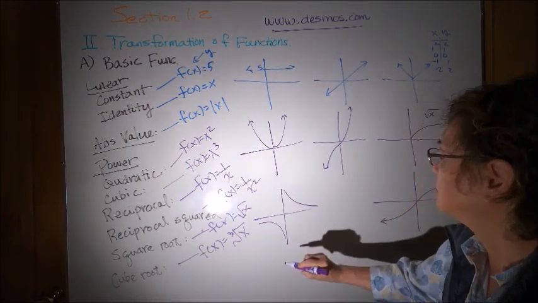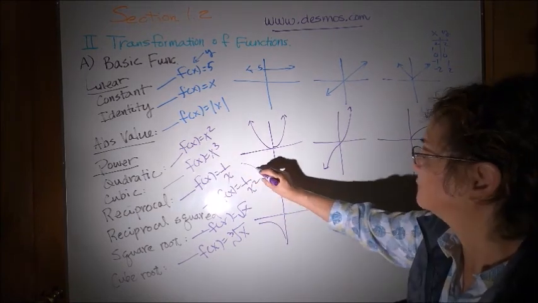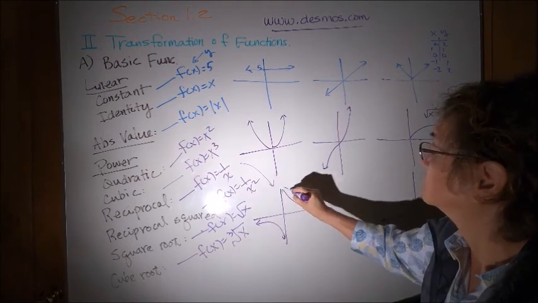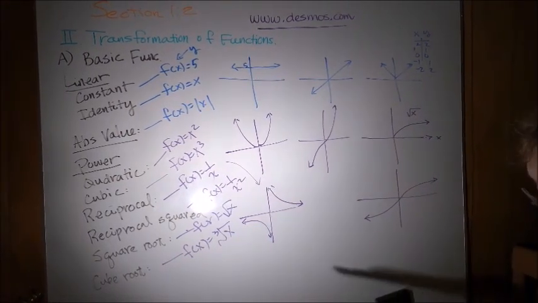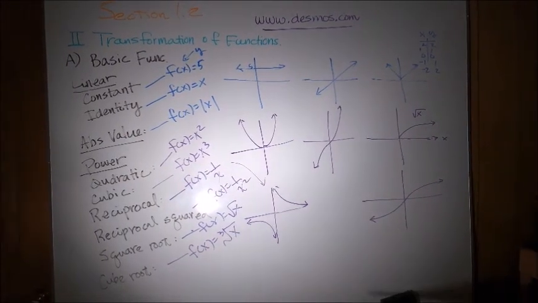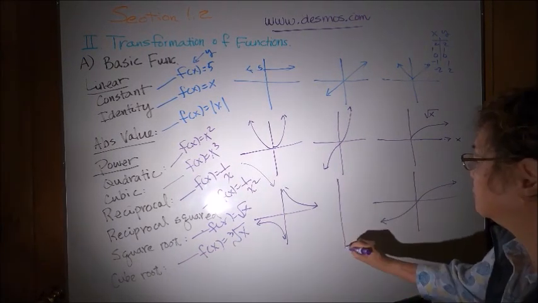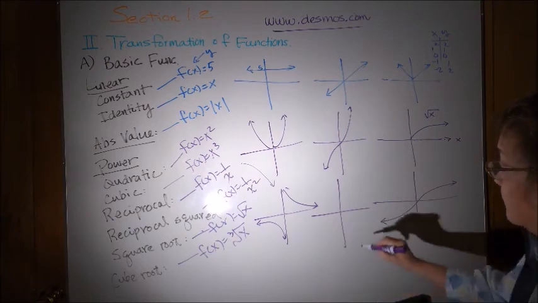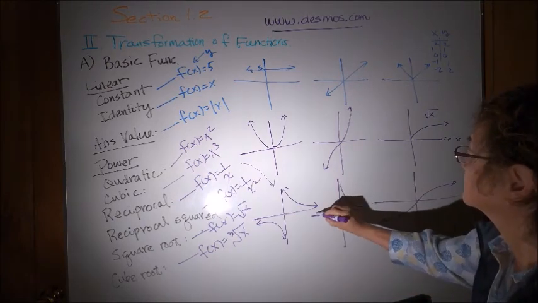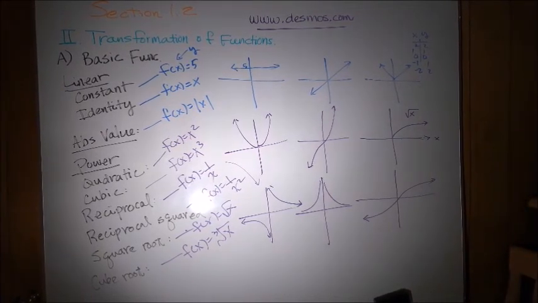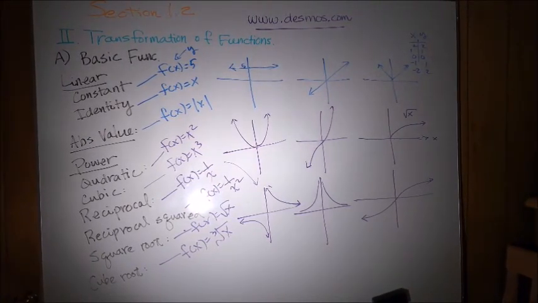This is your 1 over x graph. And for the reciprocal squared, it will look like this. So this is just the basic functions we are reviewing.